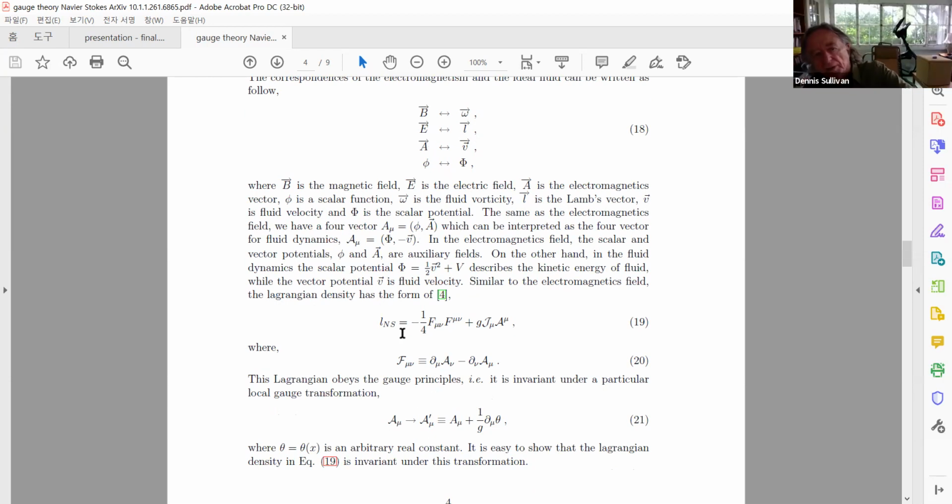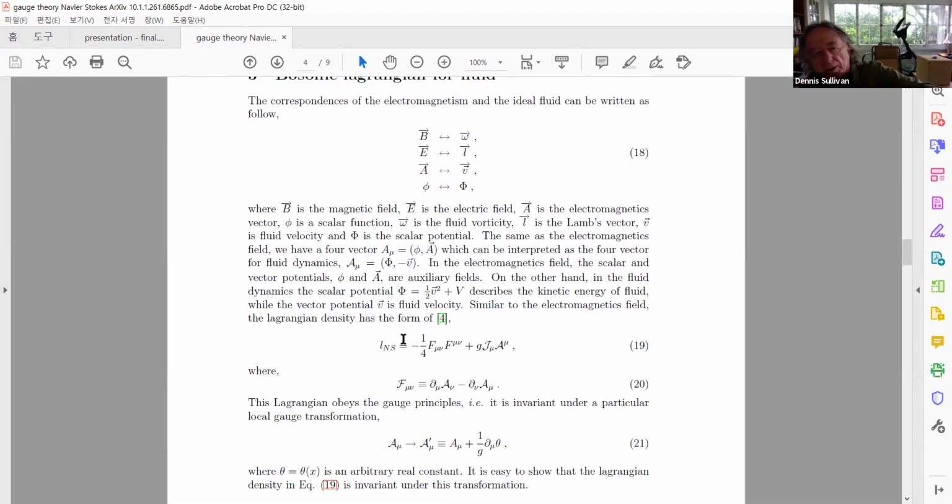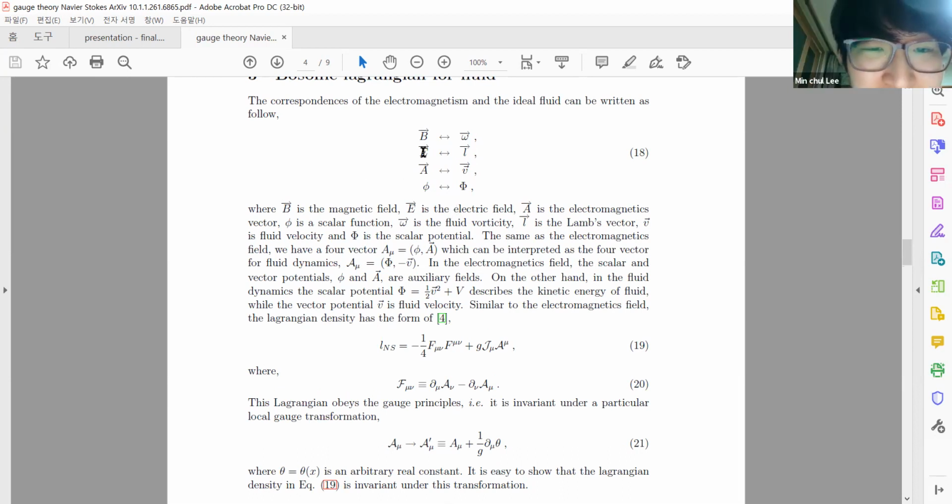Can you read off the left column and the right column in terms of their names, for the audience? B, the magnetic field, corresponds to vorticity, and the electric field corresponds to the Lamb vector.